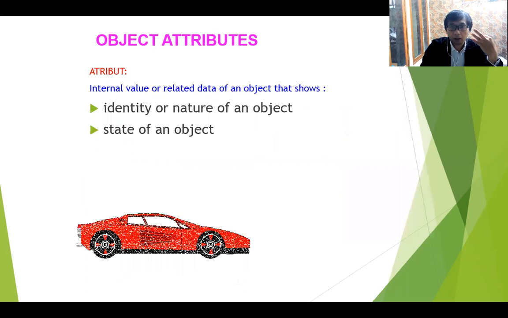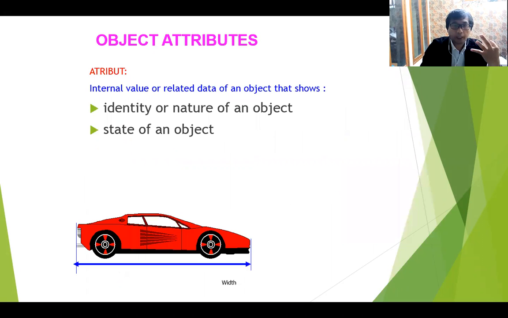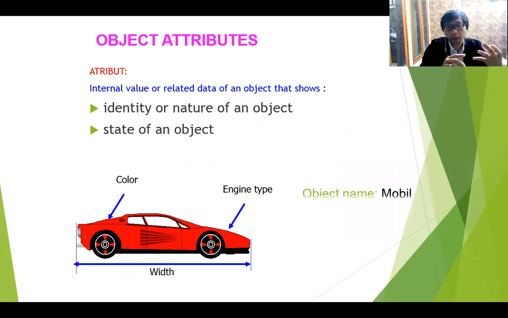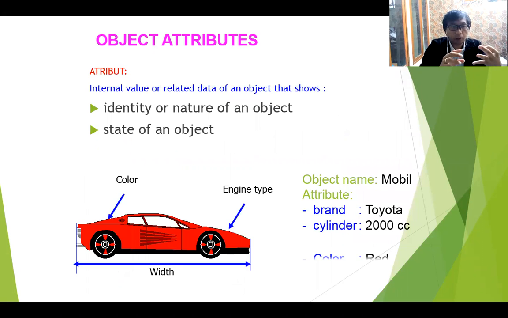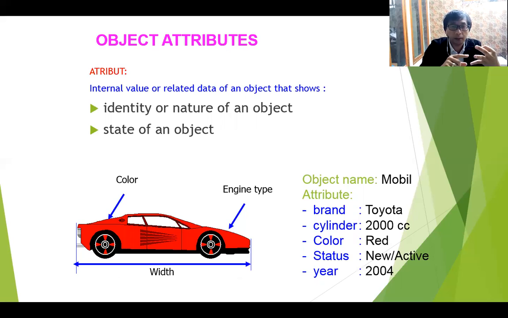So a real-world object has attributes. What is an attribute? An attribute is basically, theoretically, an internal value or related data of an object that can show the identity or nature of an object, and it can also become a state of an object. So what is the identity of an object?